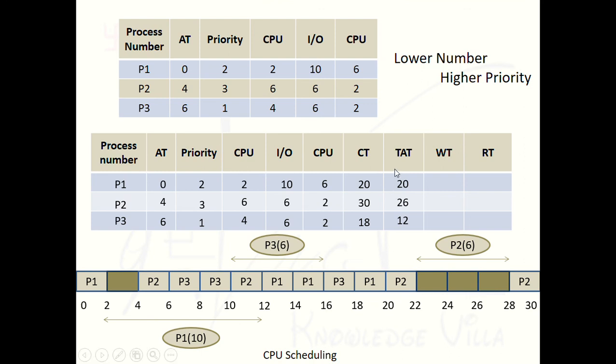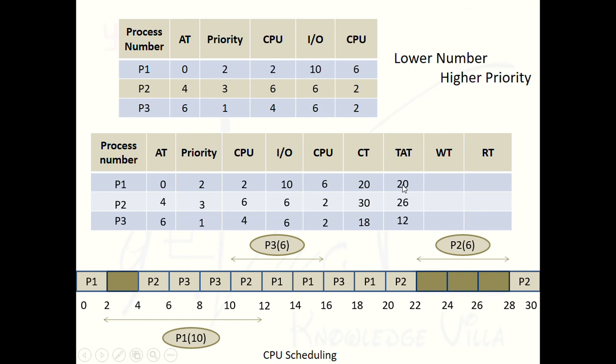Done. So we will use the equation turnaround time minus burst time, and we will get the waiting time. Here burst time is equal to the summation of the first time the process is using the CPU and the second time the process is using the CPU. So here 6 plus 2, 8, is the burst time for process P1.